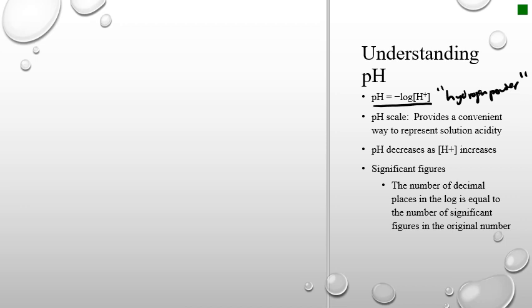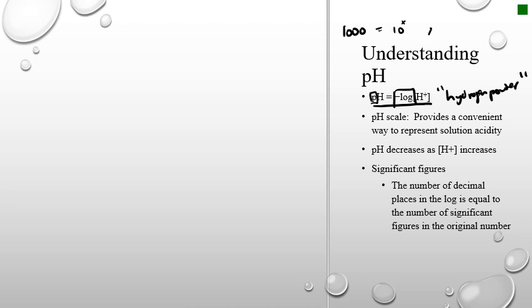So anytime that you see that P in front of something, pH, pOH, pKw, pKa, pKb, it always stands for the negative log.